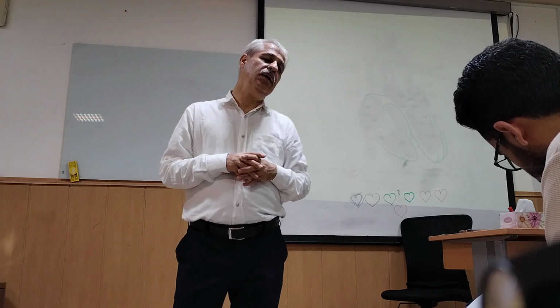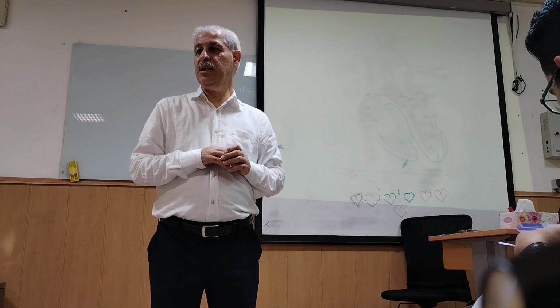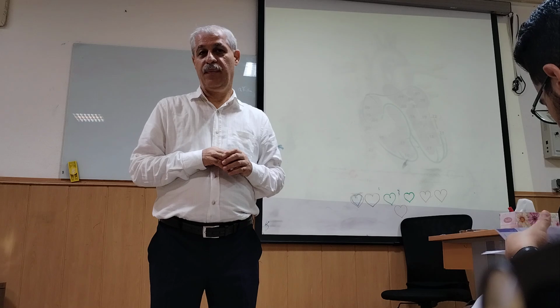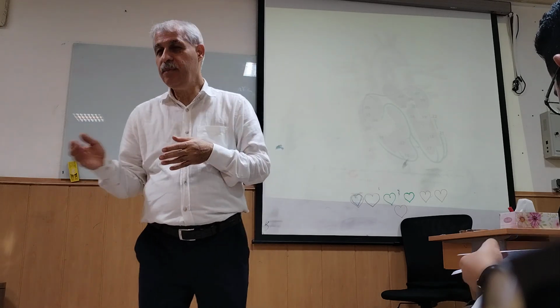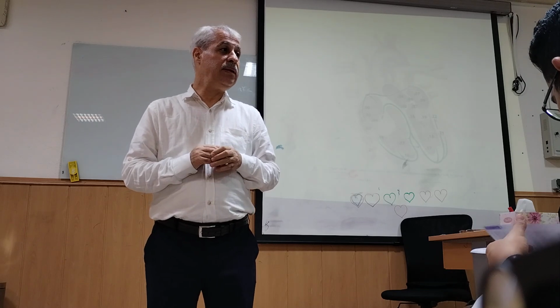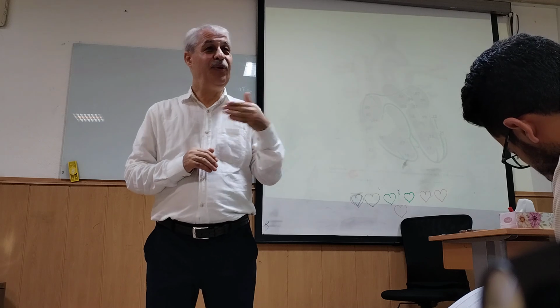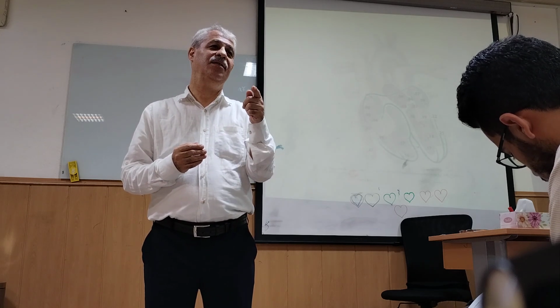If, in a rare situation, the SA node stops sending impulses, then the AV node can send them. But remember that the direction of the impulse is always from up to down.